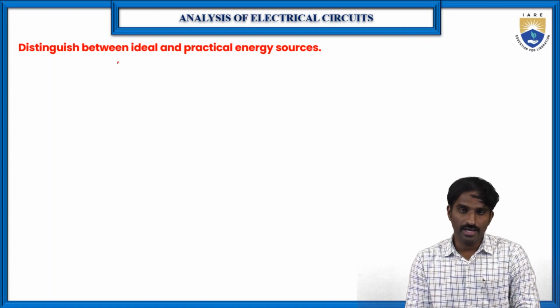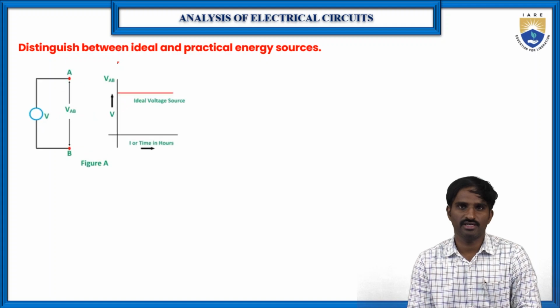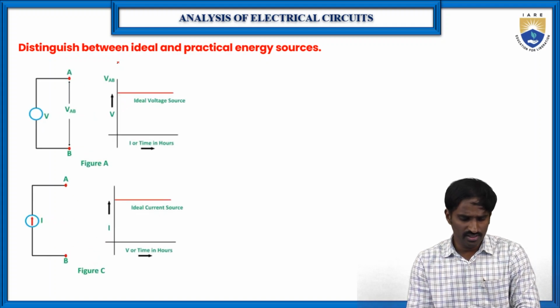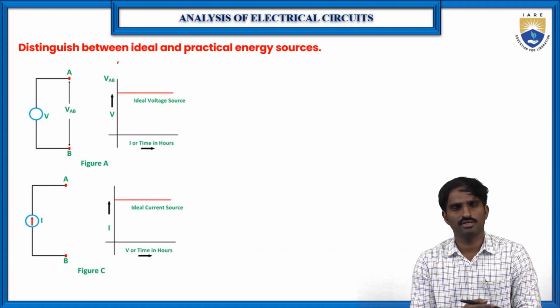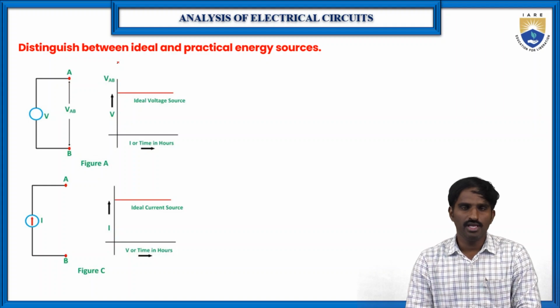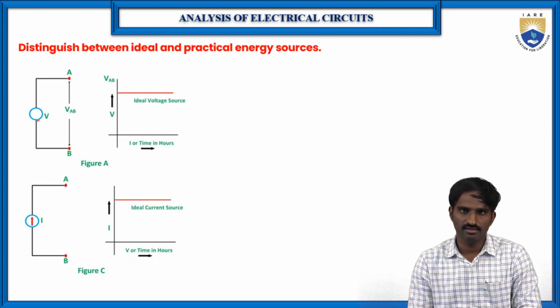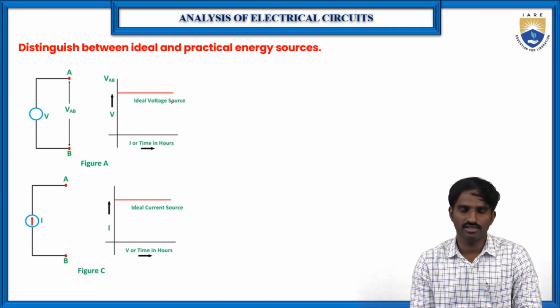And distinguish between ideal and practical energy sources. That is what is meant by ideal and practical energy sources. Very simple here. In the case of ideal, the energy sources are of two different types. One is the voltage source, another is the current source. In the case of ideal voltage and ideal current source, there is no internal resistance. So the voltage is constant, it will not change or depend on any other element.